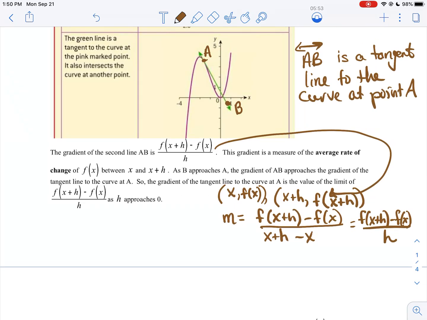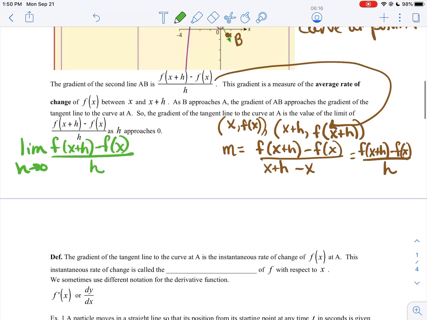So we've been talking about limits. So this now becomes the limit as h approaches 0 of that rate of change. So what's super cool is we can actually get h to get closer and closer and closer to 0 in the limit.